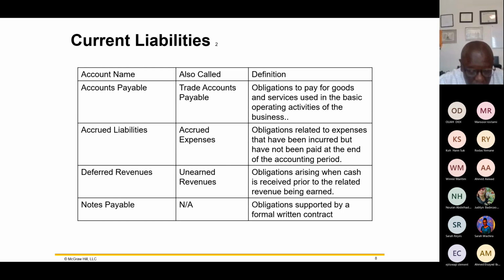Supposing you receive cash from customers, is it strictly speaking that it will always result in current liabilities? If you receive cash from a customer, it may result in a current liability, true or false?